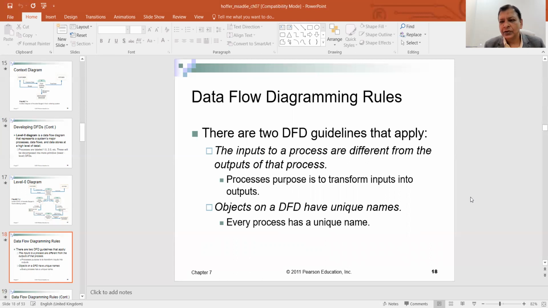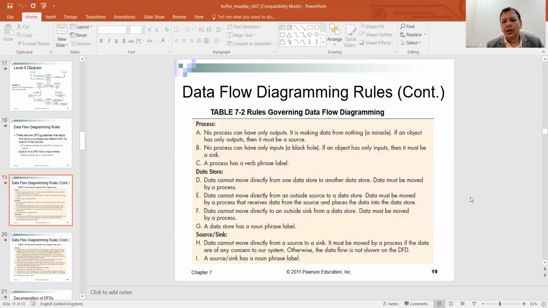Every process should have a unique name. There are some rules. No process can have only input and no output. It must have input, it must have output.